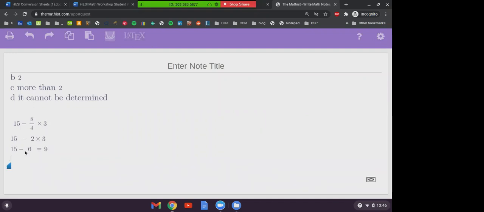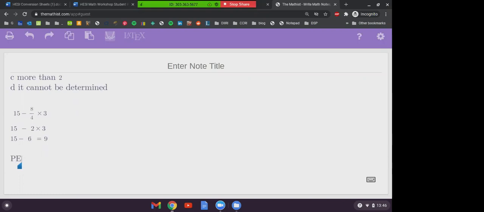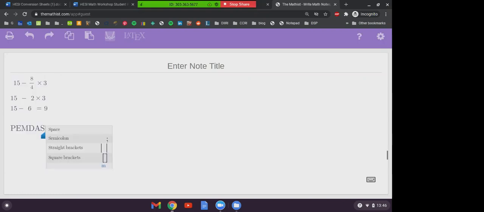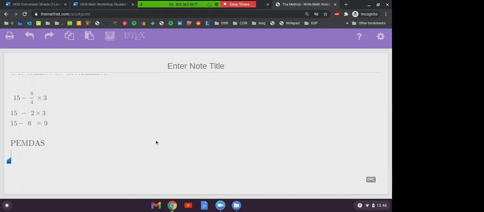So 15 minus 8 divided by 4, 8 divided by 4 is 2. And then we do the 2 times 3, and then we subtract. Because remember, the order of operations is what we call PEMDAS, or PEDMAS, or BODMAS. It's all the same thing.